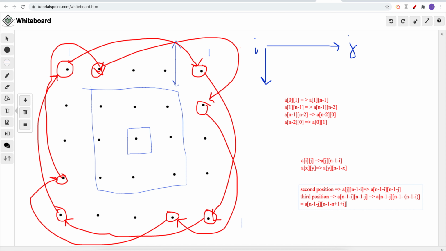Minus n and plus n cancel, minus 1 and plus 1 cancel. So this is our third position.